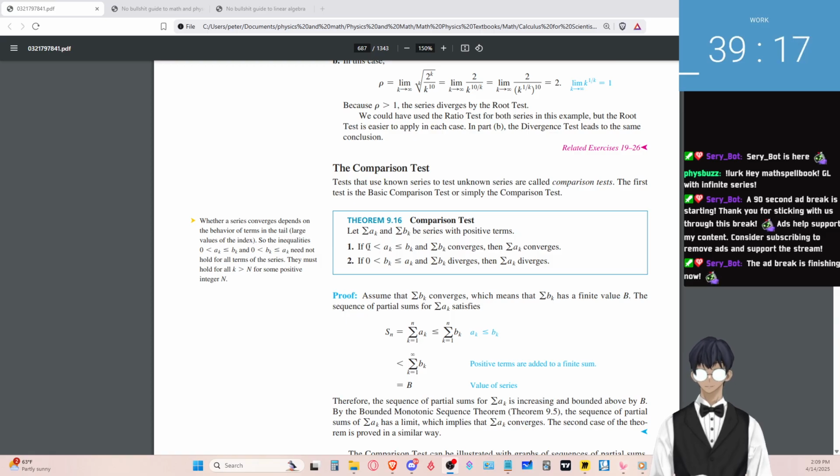If 0 is less than or equal to a_k less than or equal to b_k, and b converges, then a has to converge. And if a... So I'm guessing for this one, you actually have to look at the series and see which one it is like. I mean, when you're comparing it, if it looks like a certain series, I think.